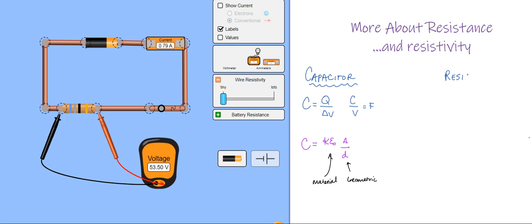So when I think of a resistor, from the end of the last video, we defined resistance as the ratio of the potential difference across the material or across the object to the amount of current running through the object. This was a volt per amp, which we called an ohm, symbolized with the Greek uppercase letter omega.